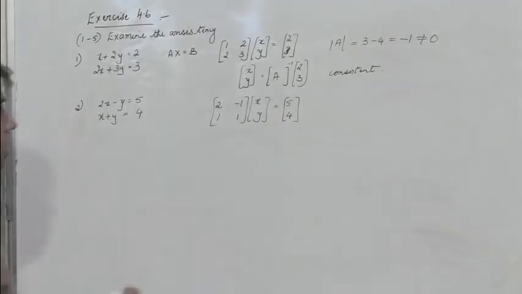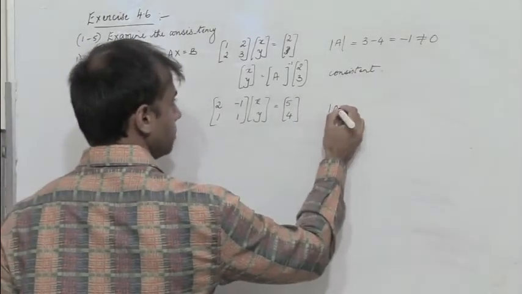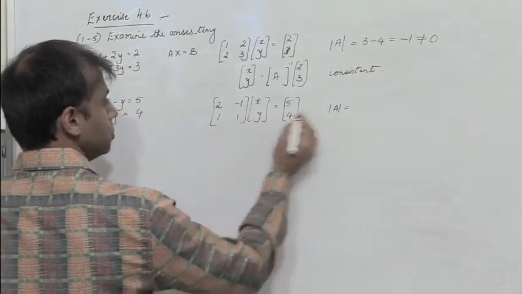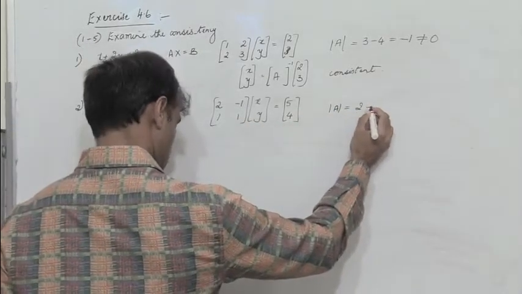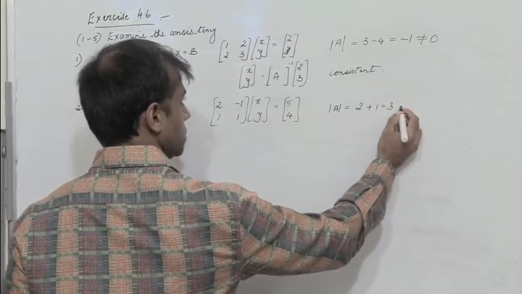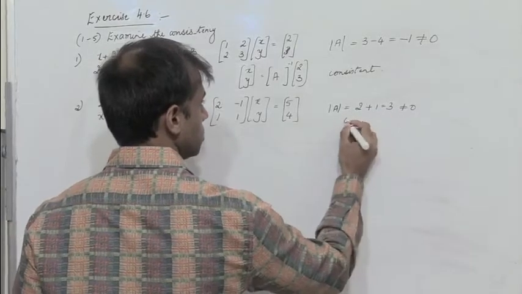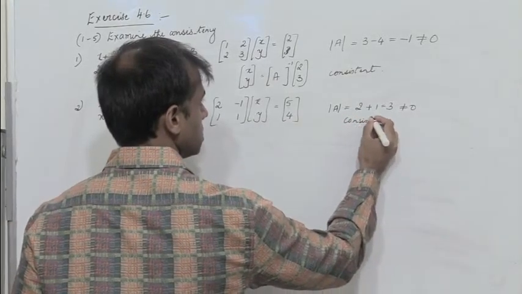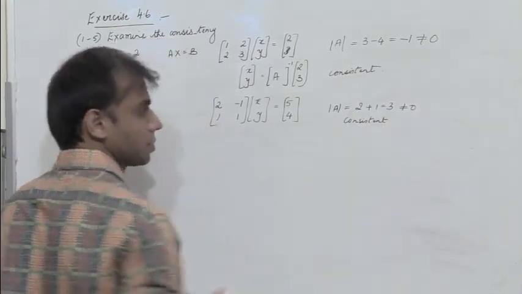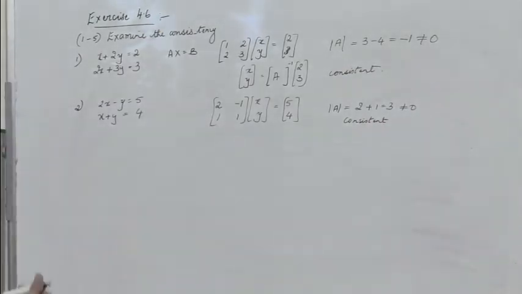So find out determinant A. It is 2 plus 1, which is 3. So which is not equal to 0. So therefore the system is consistent. That means the solution exists.